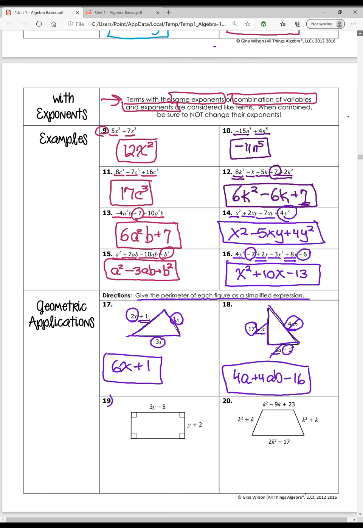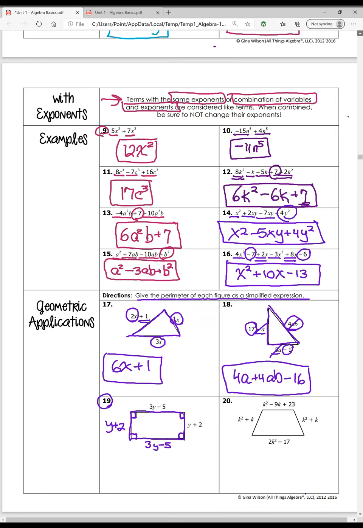Now let's look at number 19. We're looking at this rectangle, and we see these symbols that tell us these are all right angles. This side on the left equals the same distance as the side on the right. The horizontal line at the top equals the horizontal line on the bottom. So what that tells us is that this distance here is also 3y minus 5, and this distance here on the left is also y plus 2.